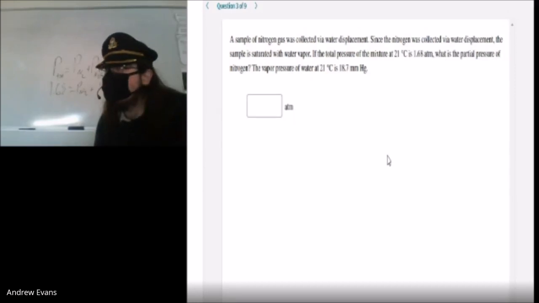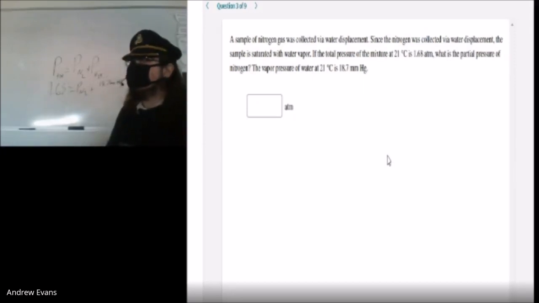They are two dissimilar units, and so we need to convert one into the other. Now, because the answer is in atmospheres, I would suggest turning everything into atmospheres. It's going to save you some problems later on.